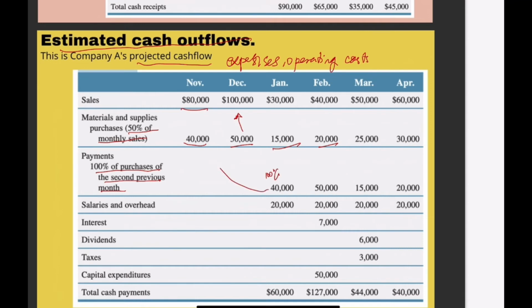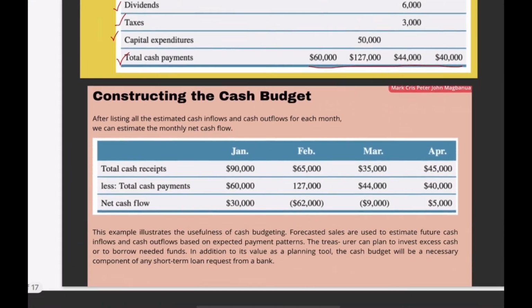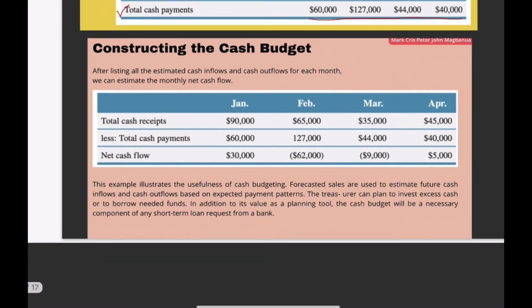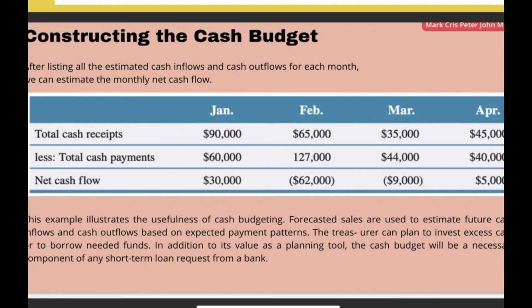Now, the other expenses that we can foresee are the salaries and overhead expenses, interest, dividends, taxes, capital expenditures. Now, if we have all of this information, we can then estimate our total cash payments. So we are now ready to come up with the net cash flow because we have our total cash receipts and we also have our total cash payments.